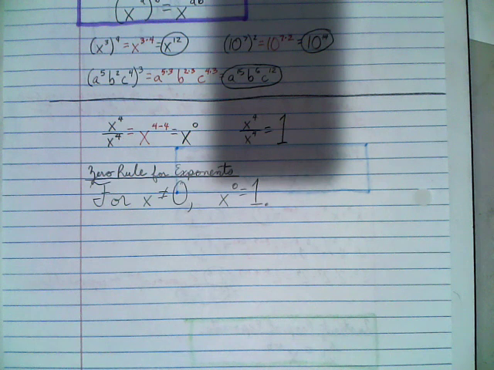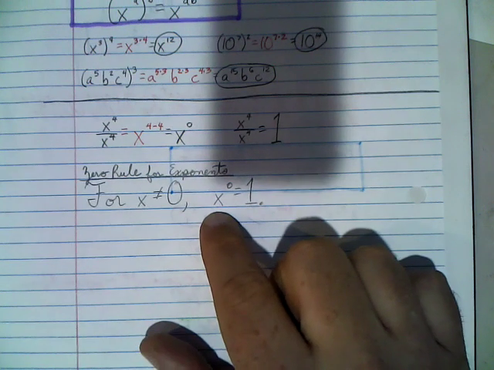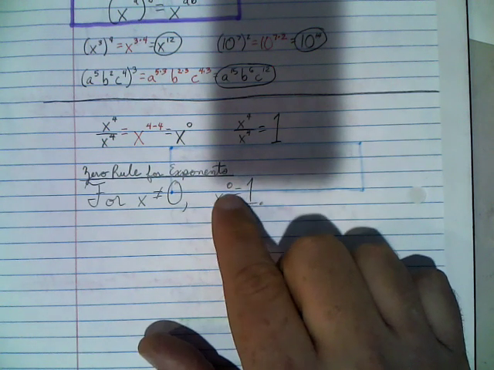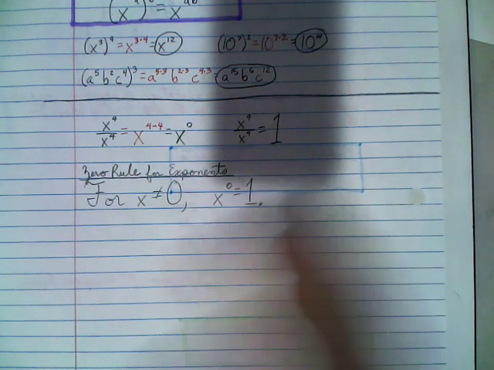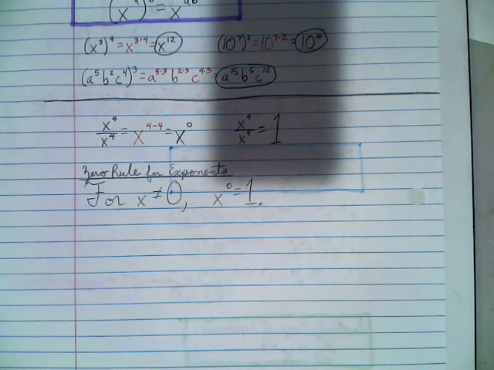So 0 to the 0, from that perspective, should be 0. But if x is anything else, then raising it to the power of 0 should be 1. So should it be 0? Should it be 1? There's not really a good answer there. And so it's just not allowed. We don't do 0 to the power of 0. Not allowed. You can do anything else to the power of 0, but not 0 itself.